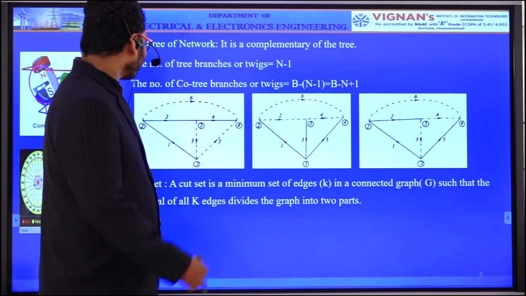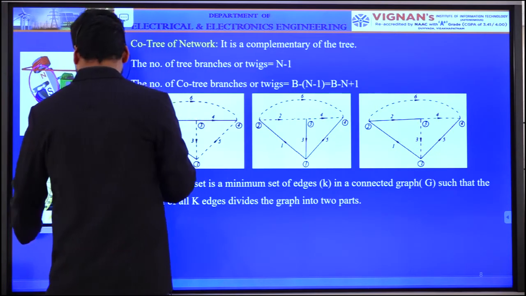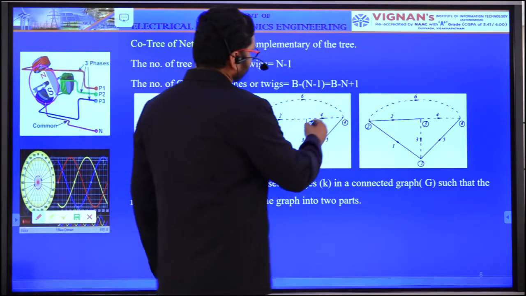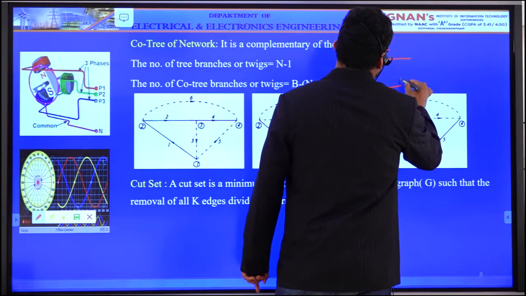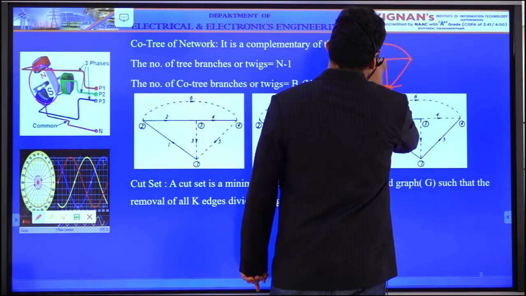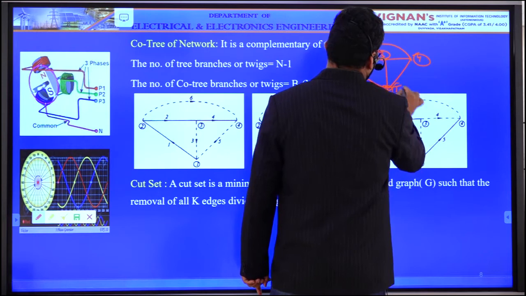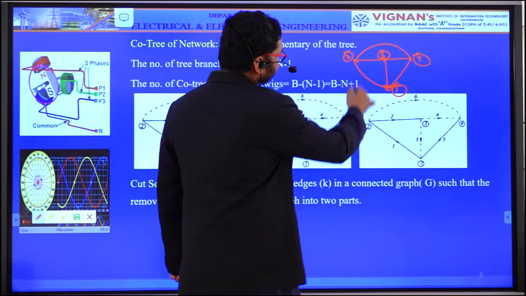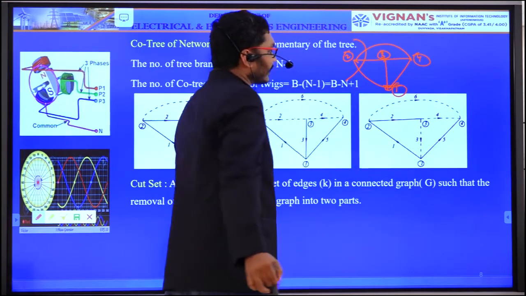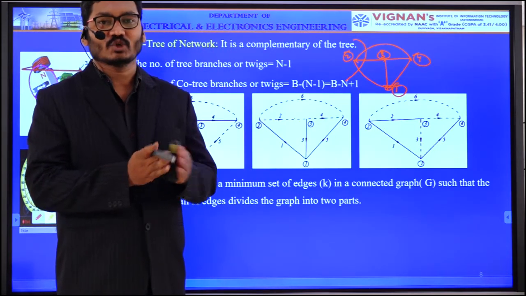Suppose this is the graph I have just drawn. By cutting it, the graph should split into 2 parts.